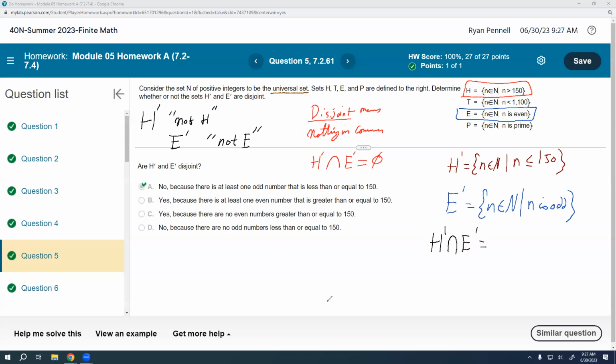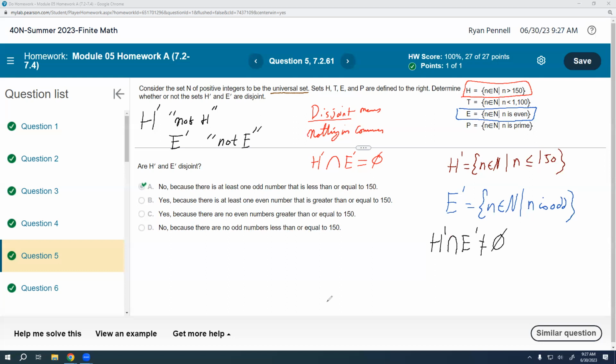Okay. Is there any number that is less than or equal to 150, which is also odd? Well, just going down, 149 is less than 150, and it's an odd number. So I would say this is not the empty set.